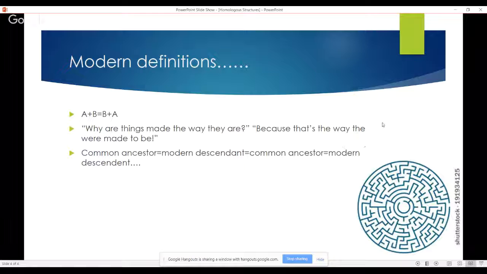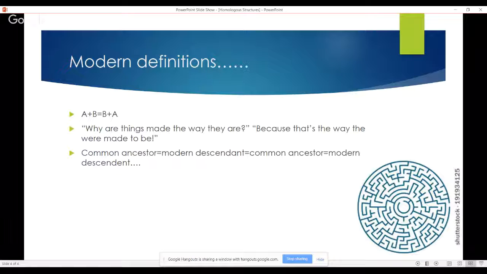Or a lot of kids will ask their parents, why are things made the way they are? And often the response is, because that's the way they were made to be. We don't answer the question, we avoid it, and just state what they asked, but not as a question. So that would be another example of circular reasoning. And the way circular reasoning is used for homology or homologous traits is we say, okay, there's a common ancestor, and then this modern descendant has something in common with them.